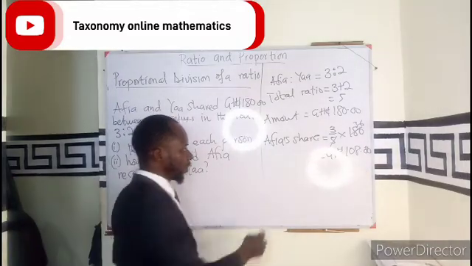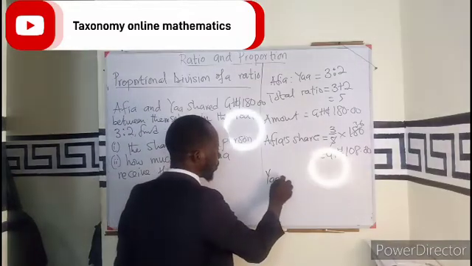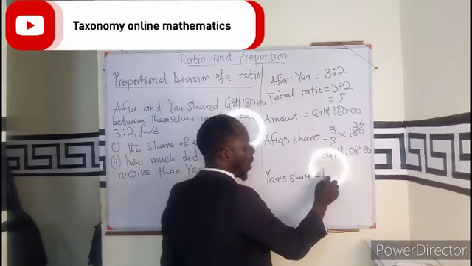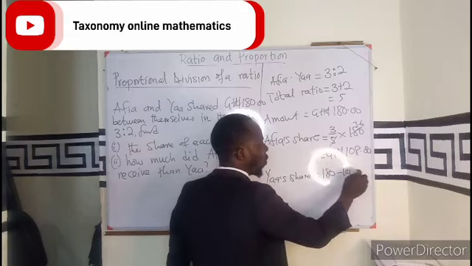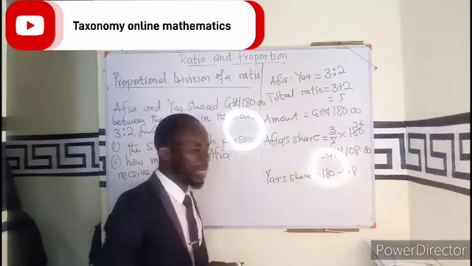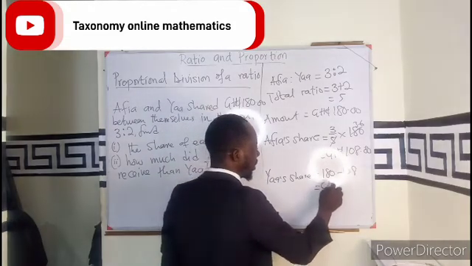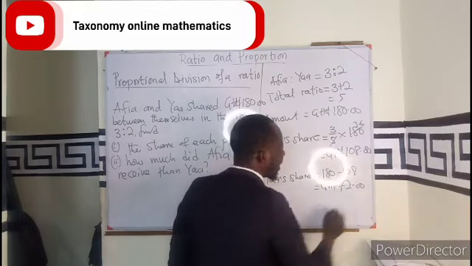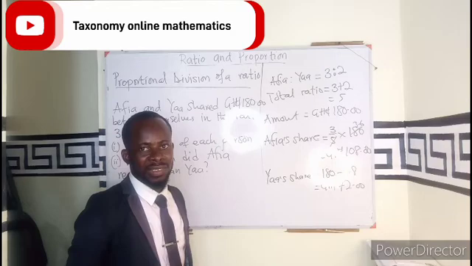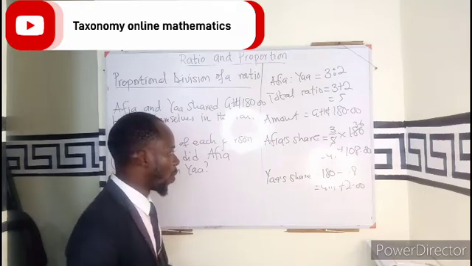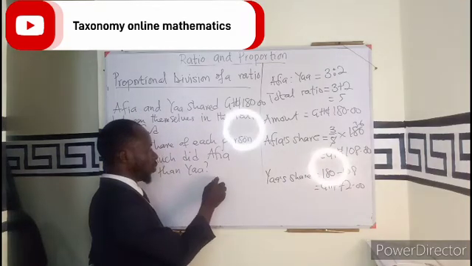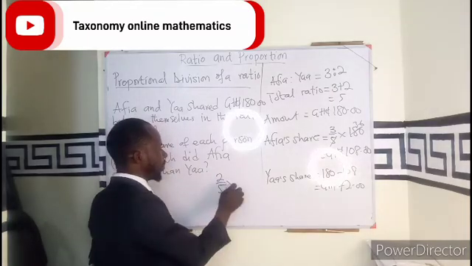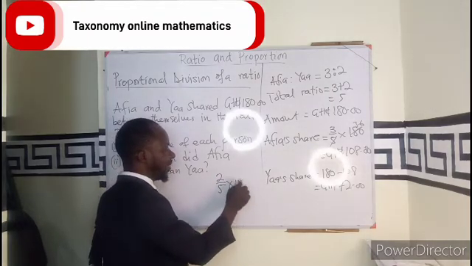So I can also say that Ya's share is going to be 180 minus 108. And that will be translated to be, I think, 72 Ghana cedis. Or better still, we are going to have 2 out of 5 times 180.